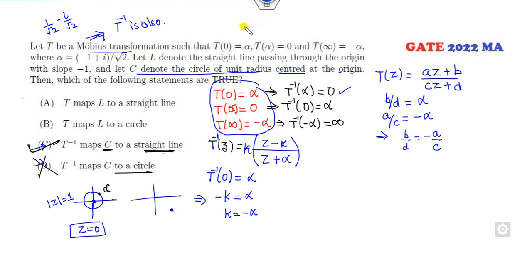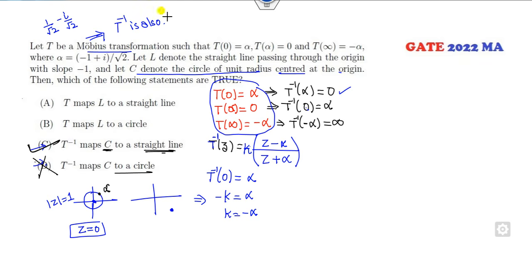Okay, I can use the same way. We are unable to find this. We find this transformation as minus alpha times (z minus alpha) over (z plus alpha). Fine. So this is actually w, because it's T inverse. w is my T of z, so T inverse of w, basically this is w.